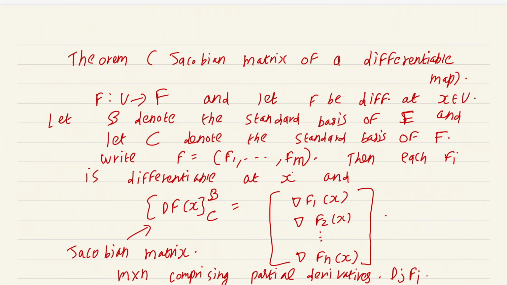In many treatments, we don't even introduce linear maps. We directly define the derivative in terms of this Jacobian matrix. But I prefer to do this coordinate independent definition of the derivative map as a linear map, because that fits in with our philosophy that the derivative is supposed to be the best linear approximation of a function. Remember, linear phenomena are easy.